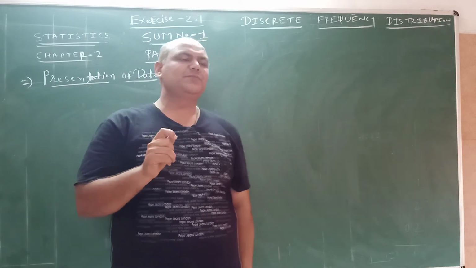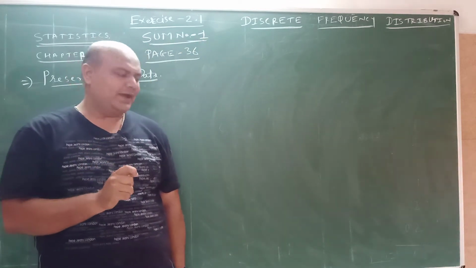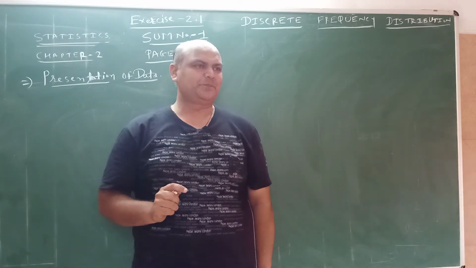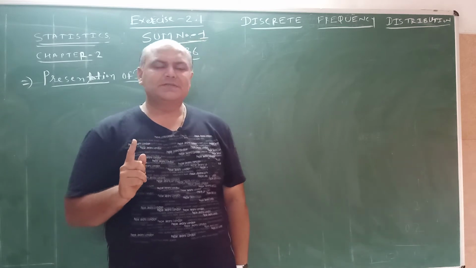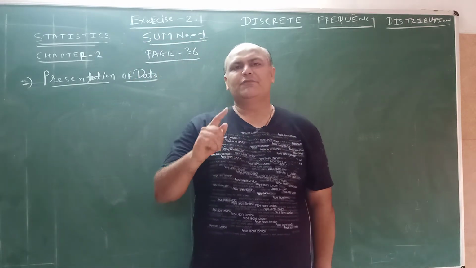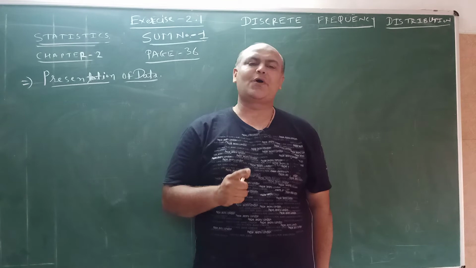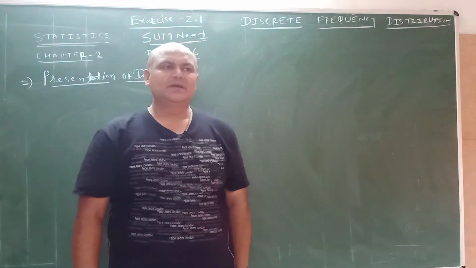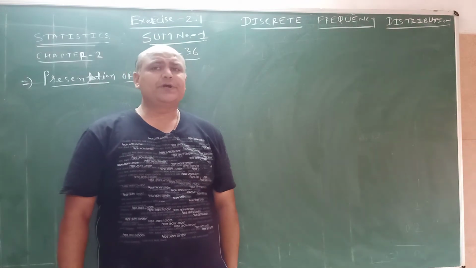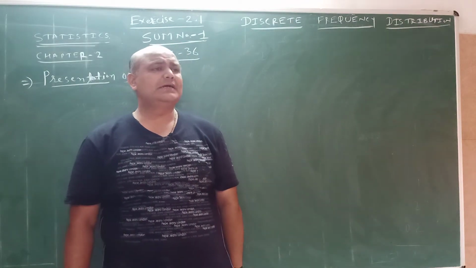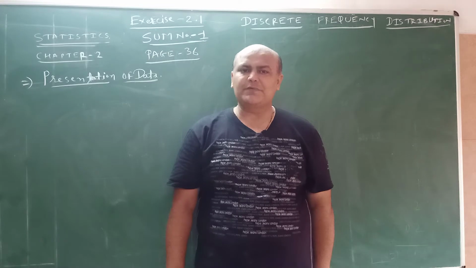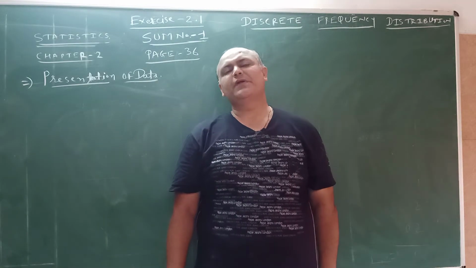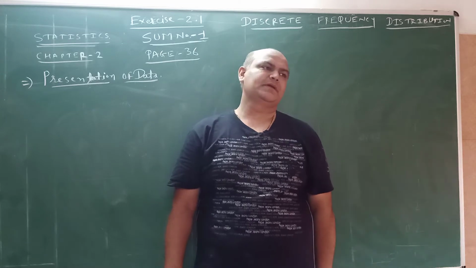The frequency distribution prepared from a discrete variable is called discrete frequency distribution, while the frequency distribution prepared from a continuous variable is called continuous frequency distribution. By the mode of the question, we can decide whether we have to prepare the discrete or the continuous frequency distribution.